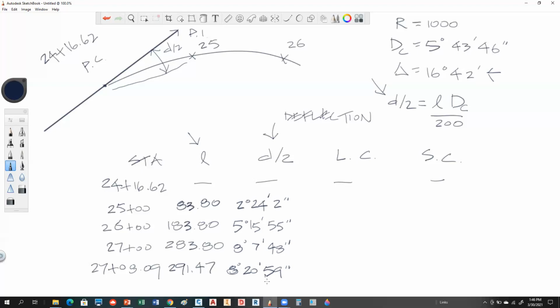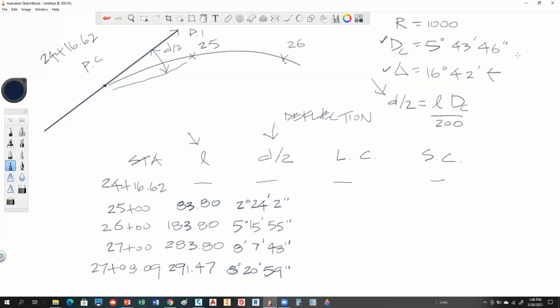And if this isn't exactly half a delta, why not? Anybody know why? Rounding. Where's the rounding occurred? Delta was a pure number. It was given. And the length. How about this right here? Remember when we calculated that? That wasn't exactly 46 seconds.